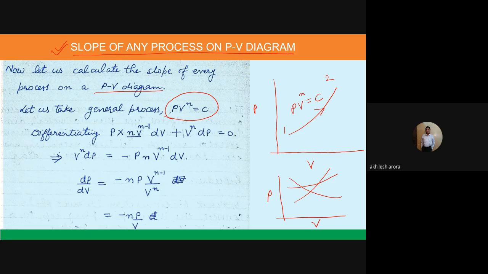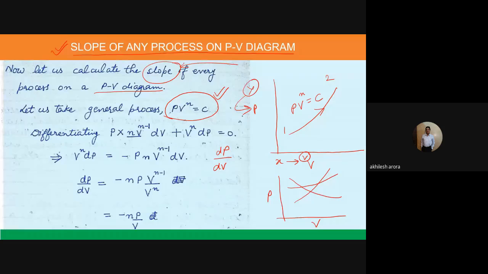Now what I can do is, from this particular equation, I can do the differentiation, because I have to calculate the value of slope. What is slope given by? On the y-axis you have pressure, on the x-axis you have volume, so the slope is given by dp by dv.